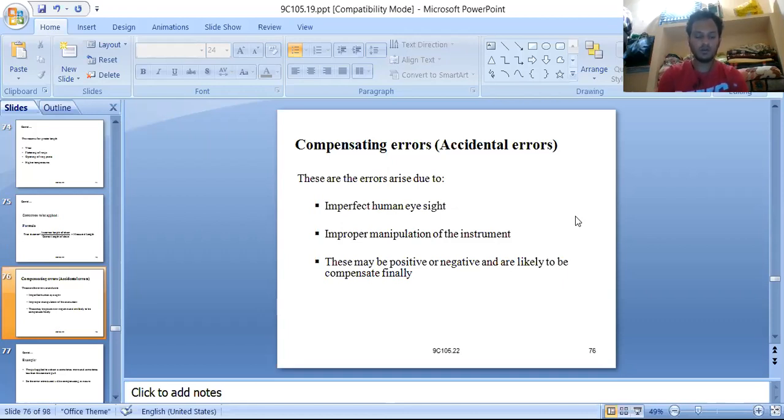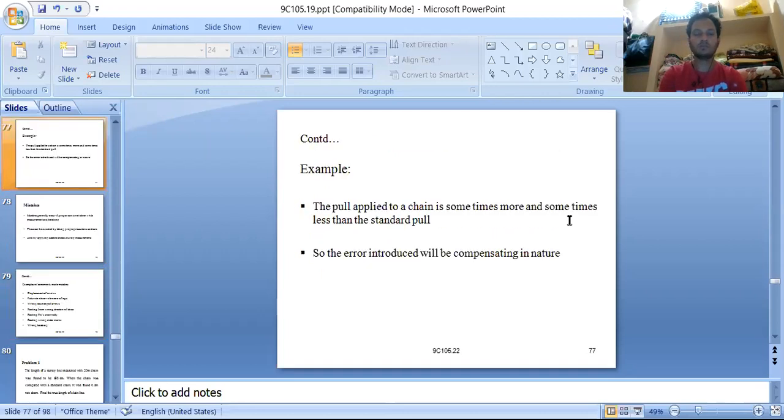So we need not worry more about this type of errors because in the end they tend to compensate on their own. Sometimes they may be positive and sometimes they are negative. For example, the pull applied to a chain is sometimes more and sometimes less than the standard pull. So in such cases, they will compensate on their own.